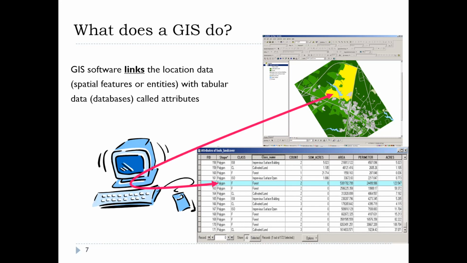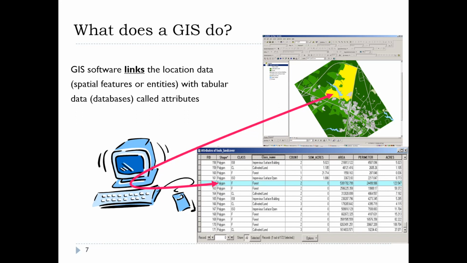So we can start asking questions like, okay, where's the best place to build a parking lot? And well, you don't want to build a parking lot where there's an existing structure. You don't want to build a parking lot on a wetland or where there's already forest, because you don't want to have to cut down the trees. You also want to have things like distances. How far would the students have to walk? Can they get to campus in a reasonable period of time?